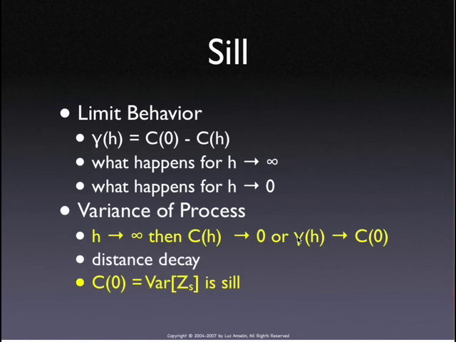Okay. Let's go to the large first. What happens as the distance gets very large? At some point we said these places have to become uncorrelated. What does that mean? That means that if we move, say, from 20 miles to 25 miles, there's no more increase of the square differences.